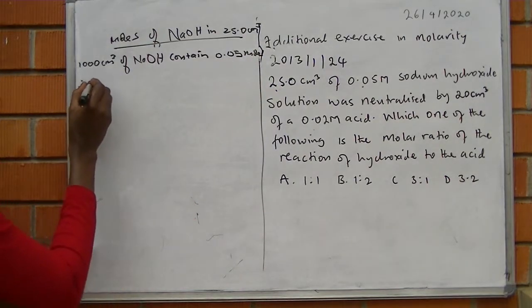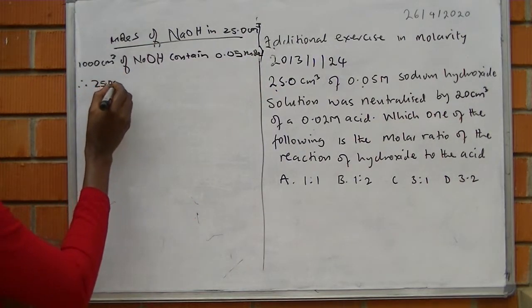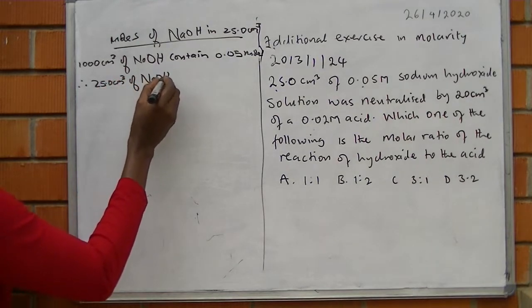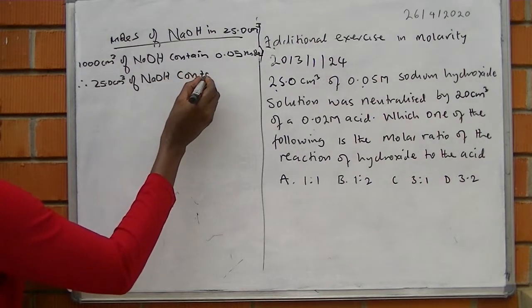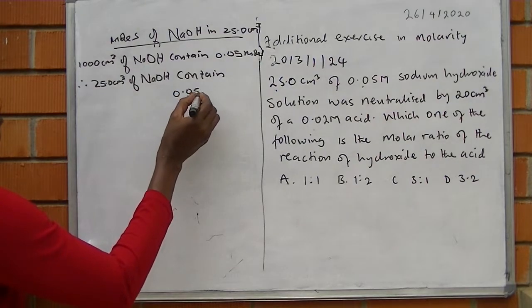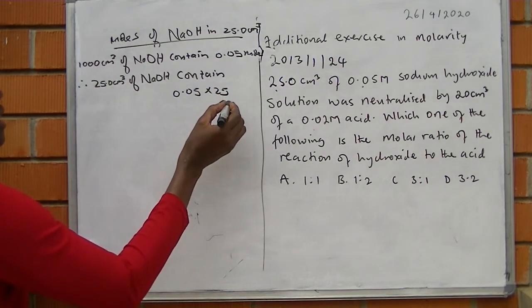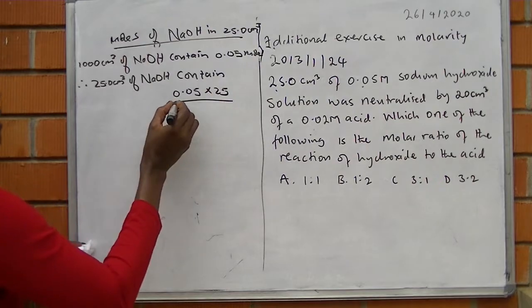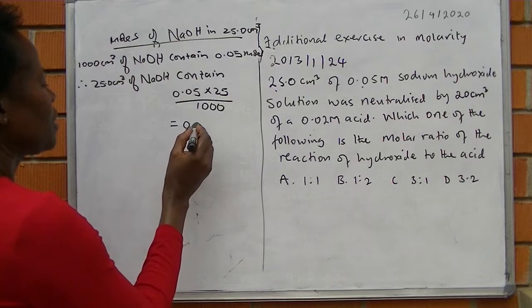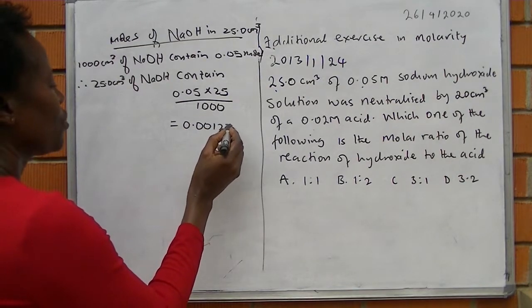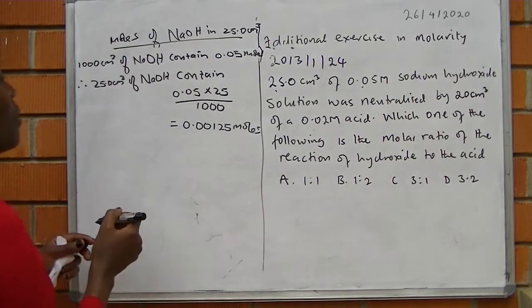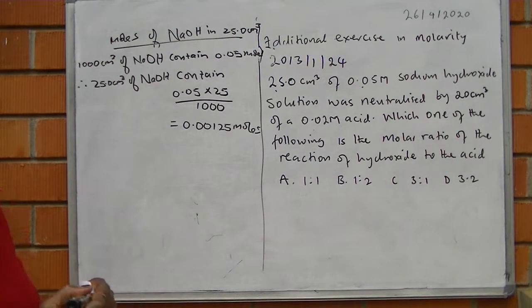What about 25 cubic centimeters of sodium hydroxide will contain, we cross multiply 0.05 times 25, then divide by 1,000, which is equal to 0.00125 moles. So these are the moles of sodium hydroxide in 25 cubic centimeters.